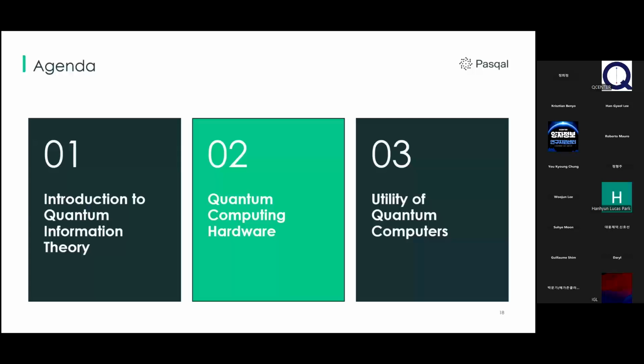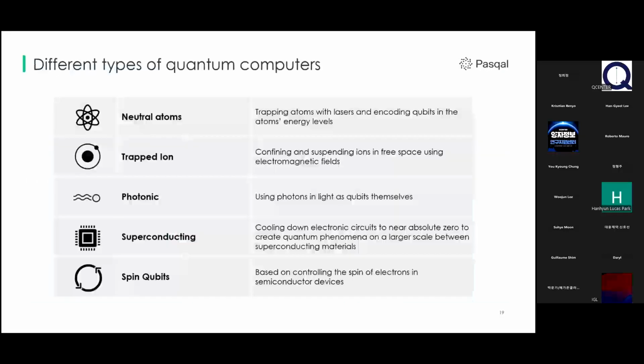But in practice, the real world is typically slightly different from what the theory dictates. Not only are there imperfections, there are a lot of additional constraints to take into consideration. With quantum computers in particular, there are many different physical considerations to take into account.